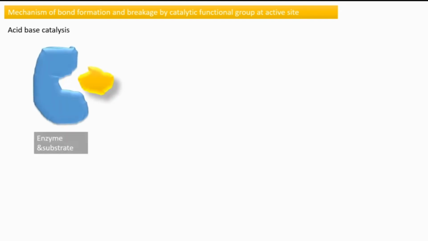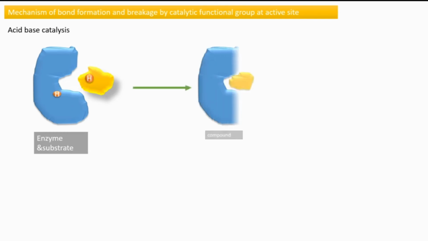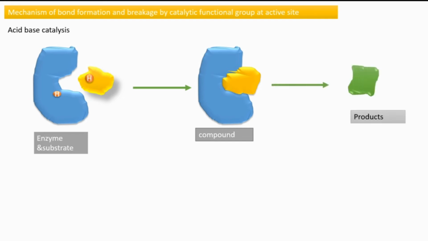This is the enzyme, this is the substrate, and they are coming to bind with the enzyme. What is happening then? Here a proton is transferred from enzyme to substrate, or a proton is exchanged from substrate to enzyme. Through that exchange, an enzyme substrate complex is forming, a particular compound, and that compound is more easily breakable into products than any secondary reactants or intermediates.